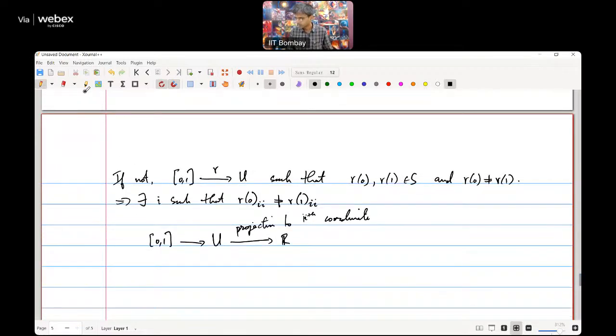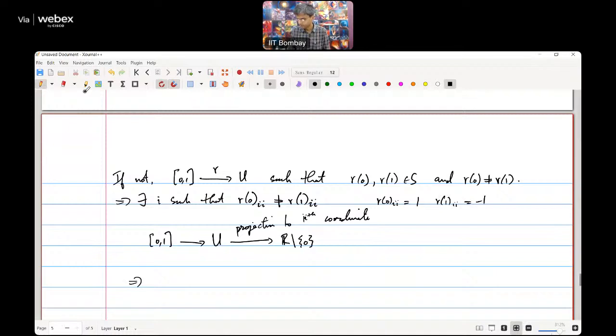The image of this projection lands inside R minus 0, because given any element of U, the diagonal entries have to be non-zero, since every element of U is in GL_n(R). Without loss of generality, we can assume gamma 0 ii is equal to 1, and gamma 1 ii is equal to minus 1.